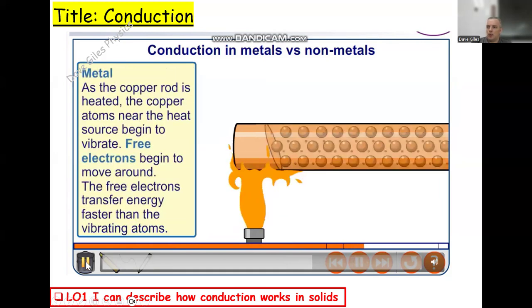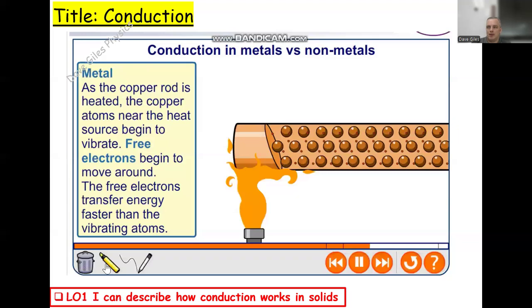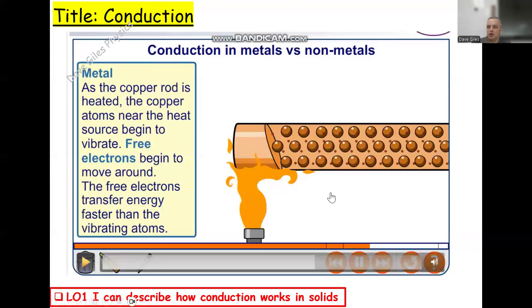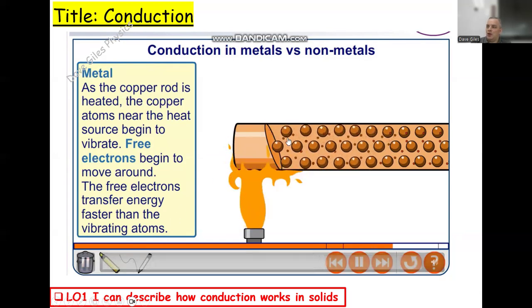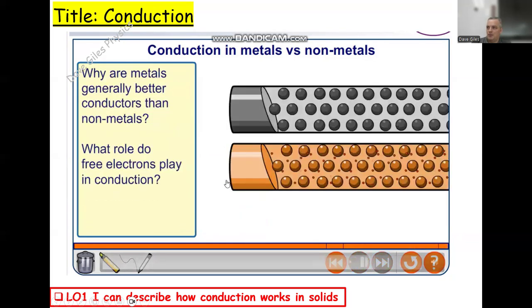And that is because they've got free electrons. If you do chemistry, you might have done metallic bonding, but basically in between the atoms, you've got free electrons. These electrons are tiny by comparison to the atoms, so when they're given energy, it is transferred much quicker to the other end because they can move much more easily.